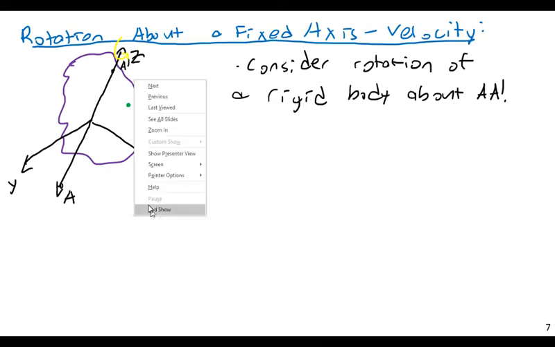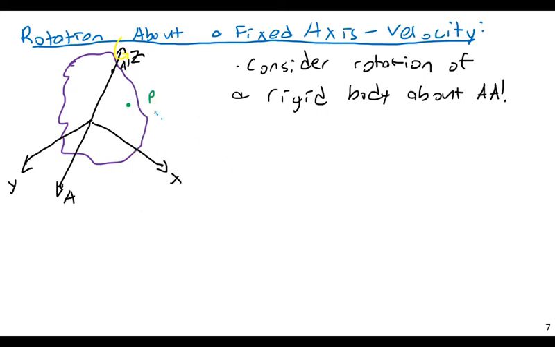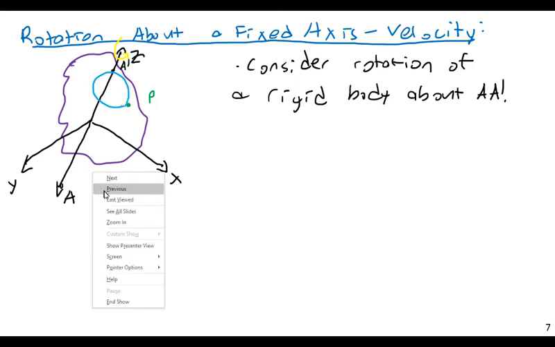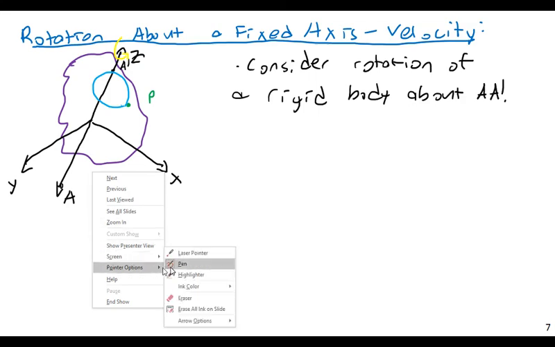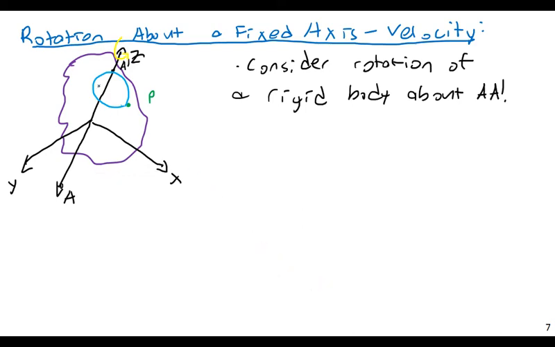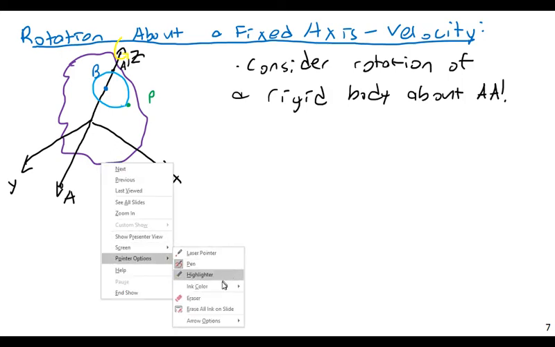Then point P will trace out a circle about this axis, like so. And there's going to be point B here, which is the perpendicular location along axis A. So point B is the perpendicular. And a few other things. I know this is getting very crowded.